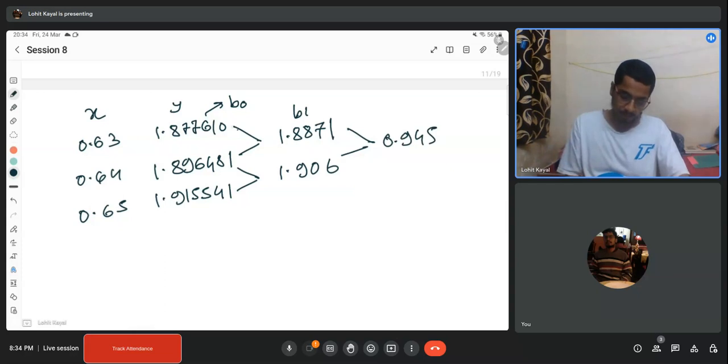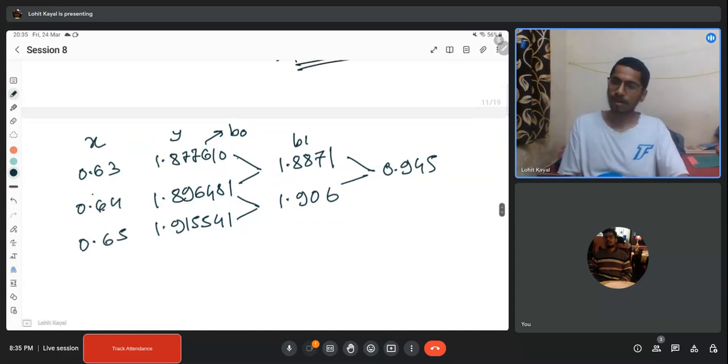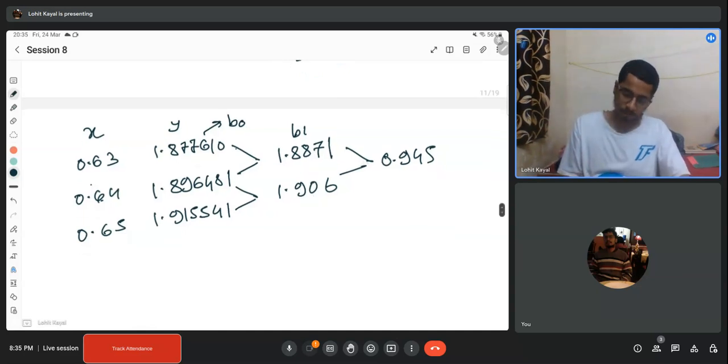Remember that you need to follow the arrow. So here it will be 1.896481 minus this term divided by 0.64 minus 0.63. The first term is easy. The problem comes in the second term. So it will be 1.906 minus 1.8871 divided by what will be the denominator. For the denominator you need to follow the arrow.